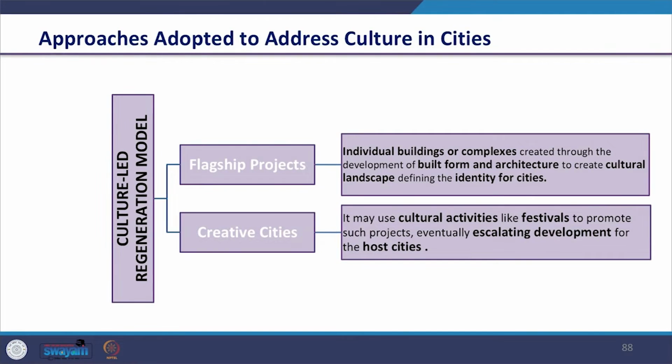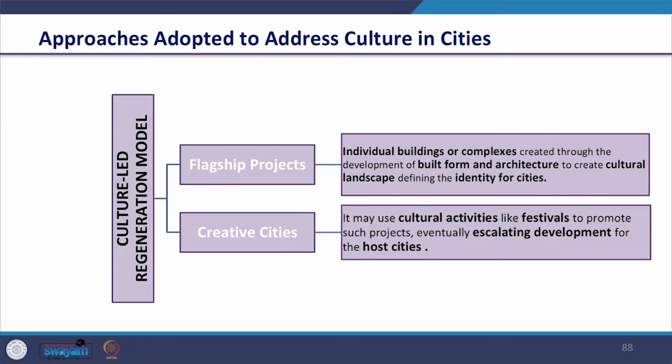Flagship projects can be understood as individual buildings or complexes created through the development of built form and architecture to create a cultural landscape defining the identity of the cities. These projects have been developed by designing or reusing existing infrastructure or open space for large events.